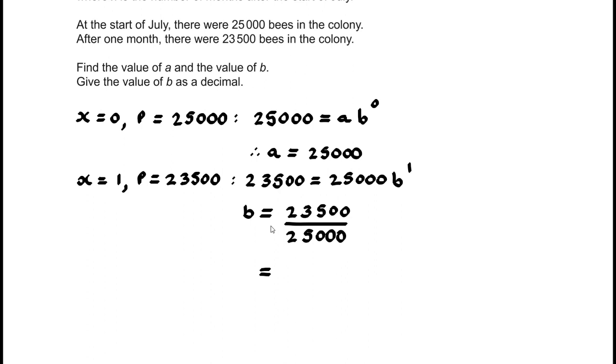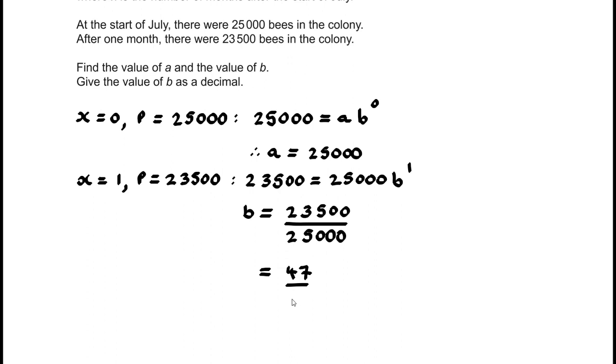So I've got 23,000 divided by 500, that will be 46, and then I've got another 1, so 47. Then 25,000 divided by 500, I get 50.